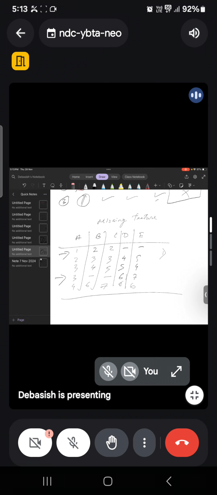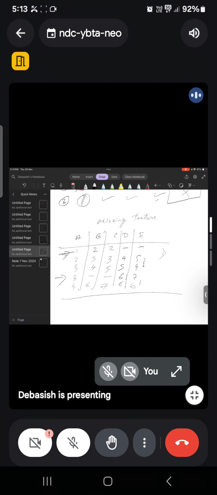So what will you do? You will discard the papers, you will just remove them. So we will not consider these rows at all. We will consider only these three. Okay, you just discard the missing values, just discard those rows.